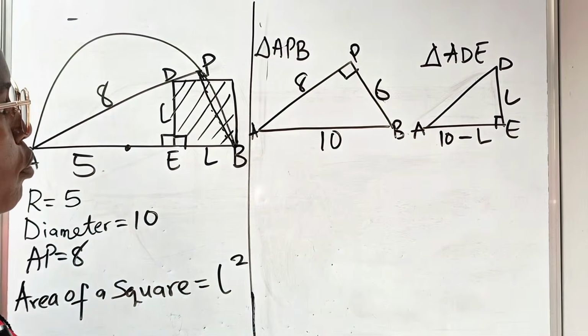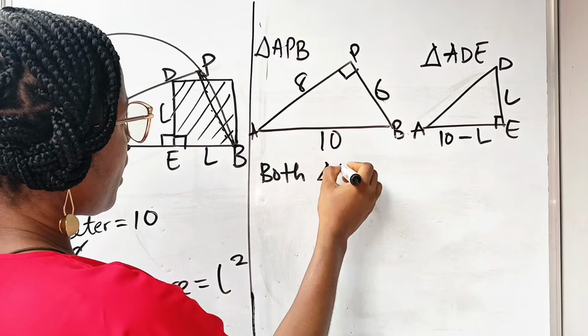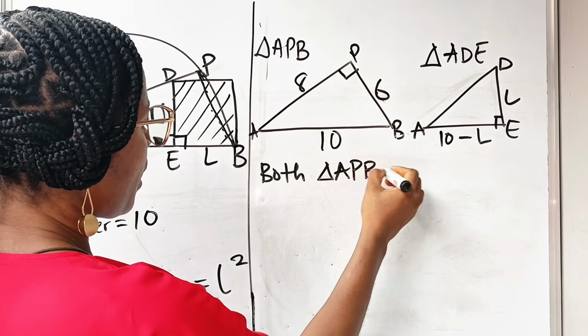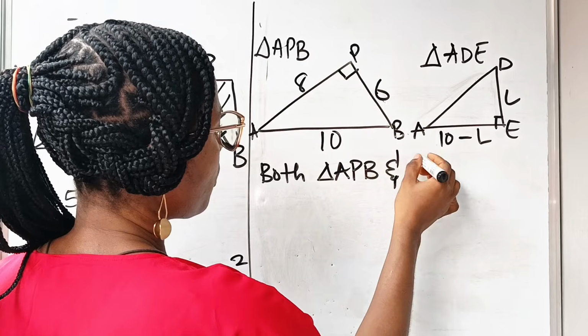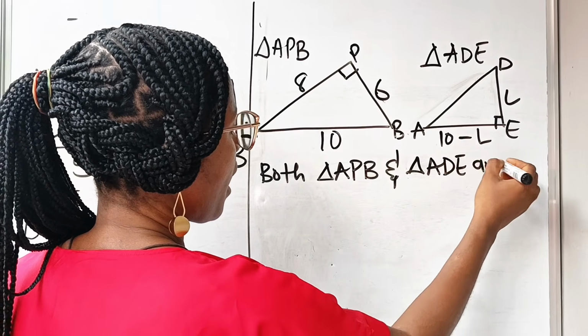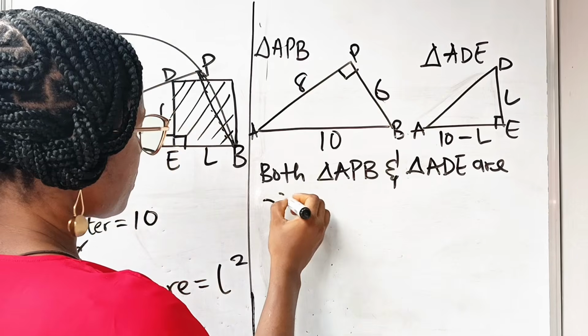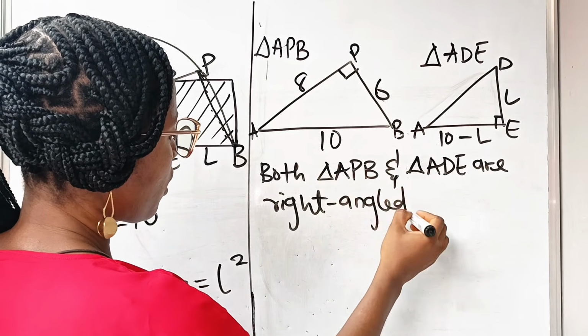You can see that both triangles are right angled triangles. This is the first point.